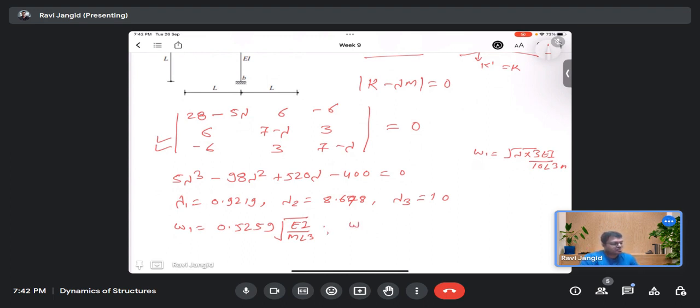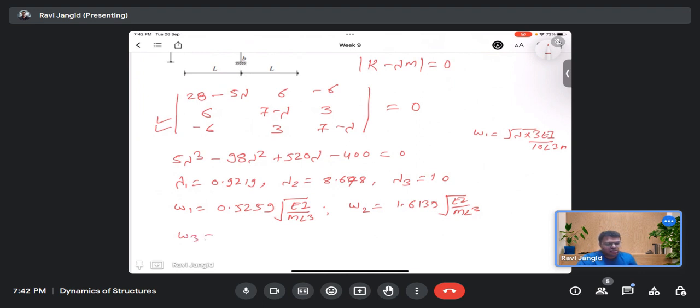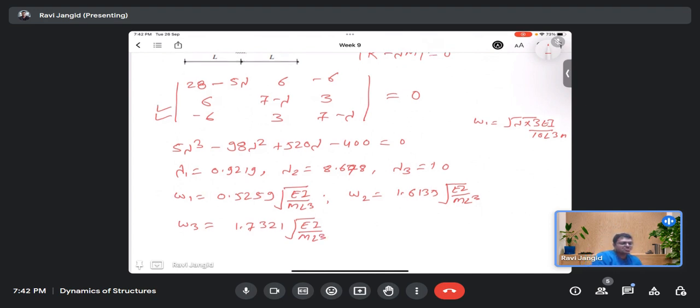For omega 2, that would be 1.6135 times square root of EI by m L cube, and then omega 3 would be 1.7321 square root of EI by m L cube. So using this, can you find out the mode shapes?